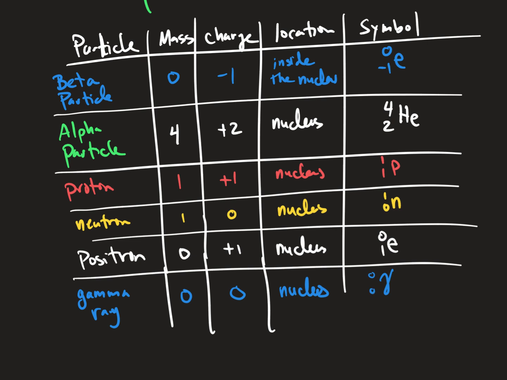And if we want to write it, the mass is 0, charge is 0, that's what it would look like. And basically, gamma is what? It's the stuff that makes your skin green and pants purple, right? No, I'm just kidding. It's light. Yeah, it's radiation.